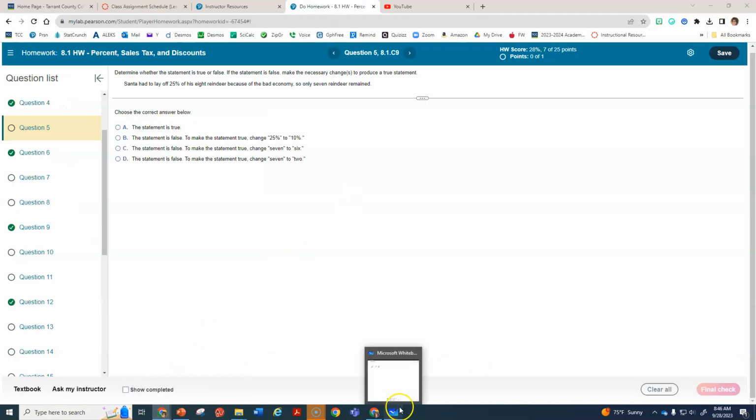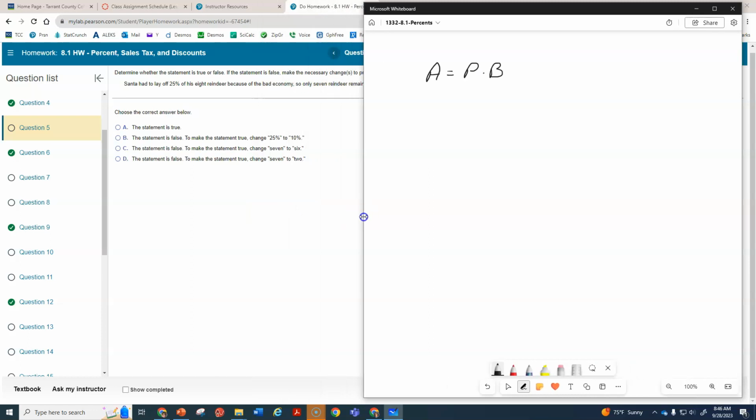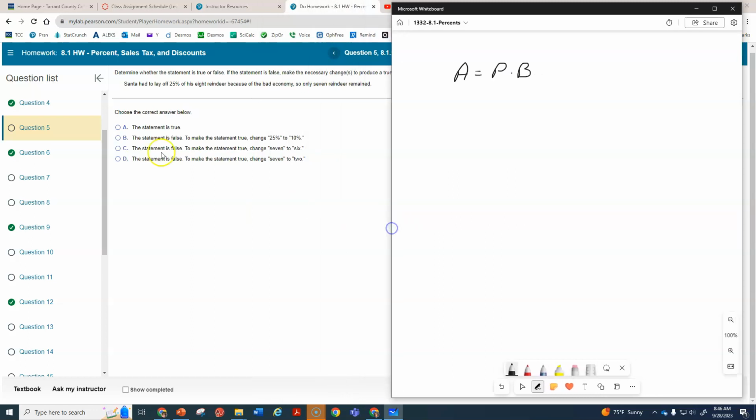Santa had to lay off 25% of his reindeer because of a bad economy. So only 7 reindeer remained.